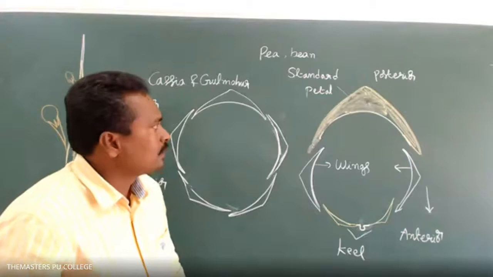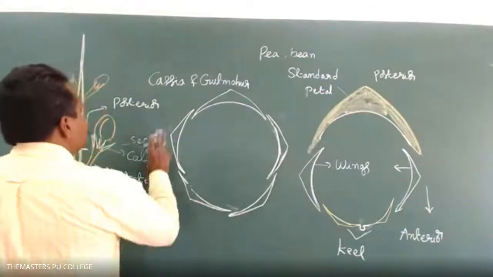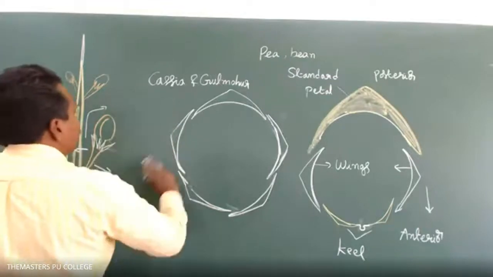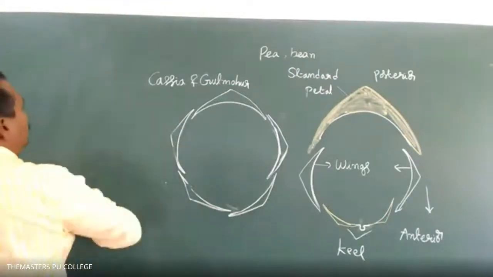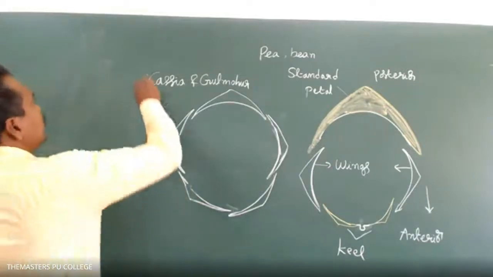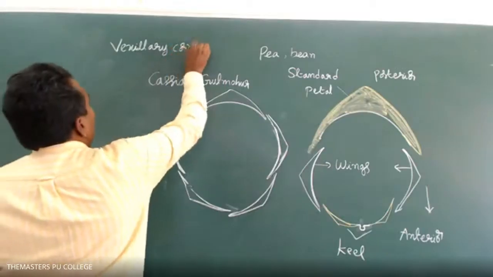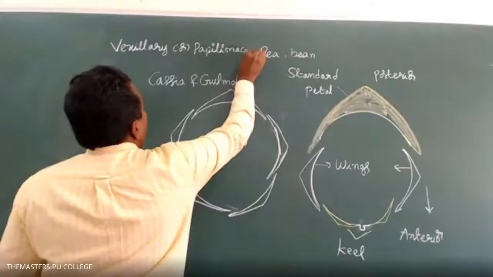In this, from an objective point of view, vexillary or papilionaceous aestivation is seen in pea and bean. Very good.